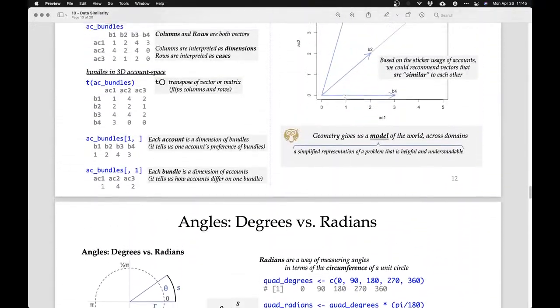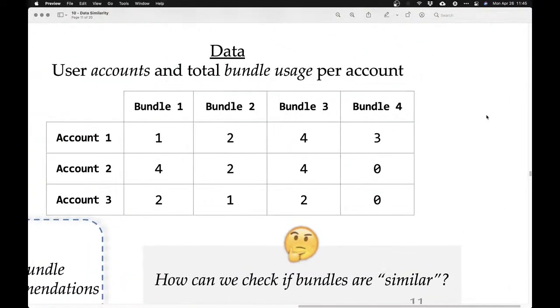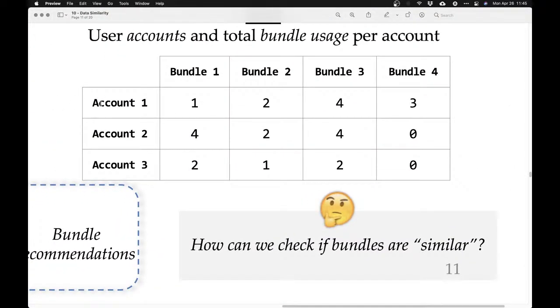For example, let's make this something closer to your world, maybe. Let's say account one, account two, and account three are just person one, person two, person three. And bundle one, bundle two, bundle three, bundle four are hobbies like taking a walk by the seaside, watching movies, eating food, hanging out with friends.